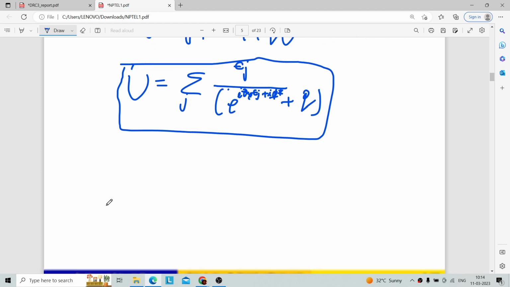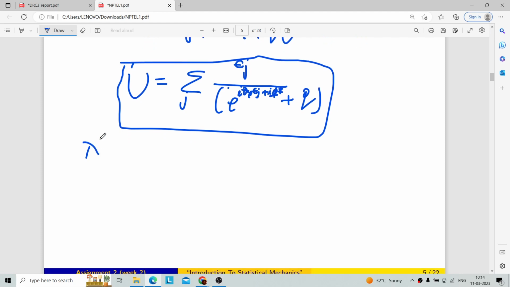You can do this by yourself, and similarly you can do it for n also, where this n will be of the form, j goes from 1 to infinity, one over e to the power i theta star epsilon j plus i phi star plus q.